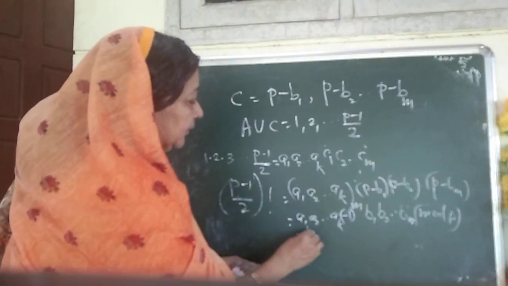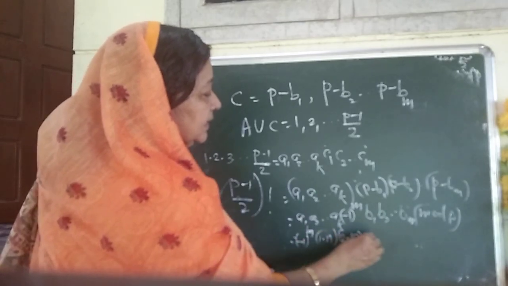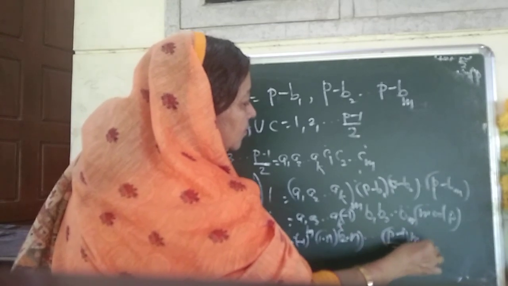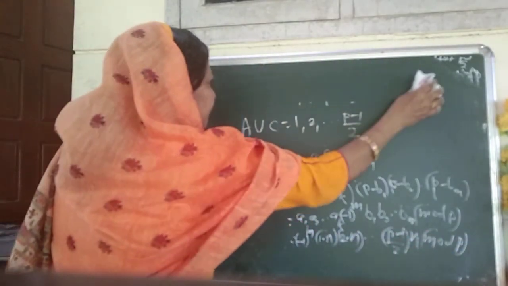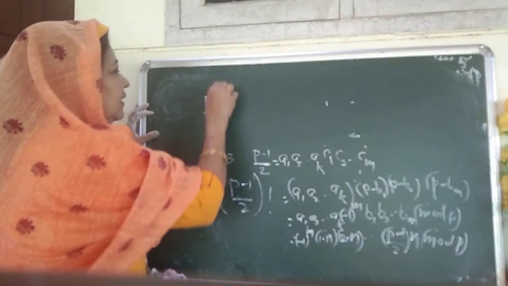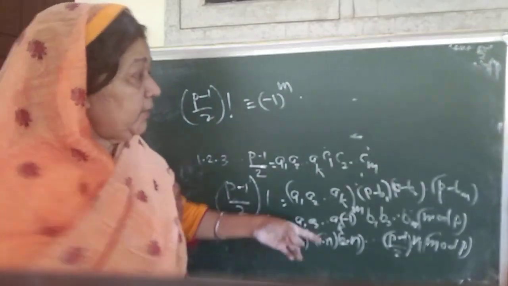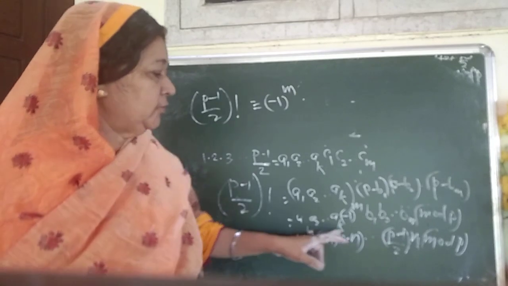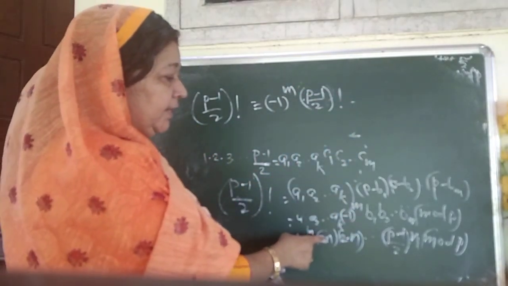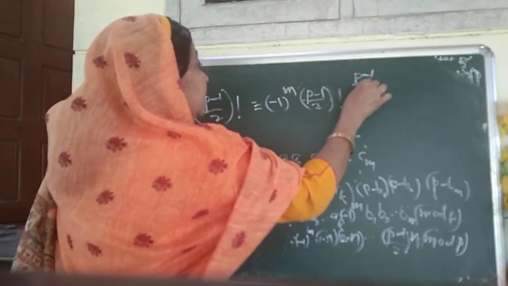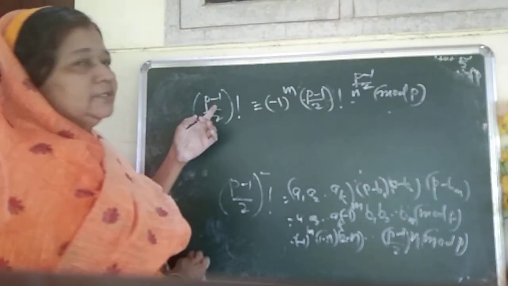That is minus 1 raised to M into, what is A1? 1 into N remain modulo P, 2 into N modulo P, etc. Bm is P minus 1 by 2 into N modulo P. So we get P minus 1 by 2 factorial is congruent to minus 1 raised to M into 1 into N, 2 into N, etc. P minus 1 by 2 into N, 1 into 2 into 3 into etc. That is P minus 1 by 2 factorial into N into N into N into etc. N raised to P minus 1 by 2 modulo P. You can cancel P minus 1 by 2 factorial.